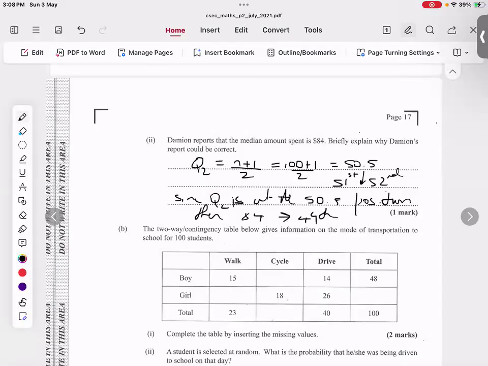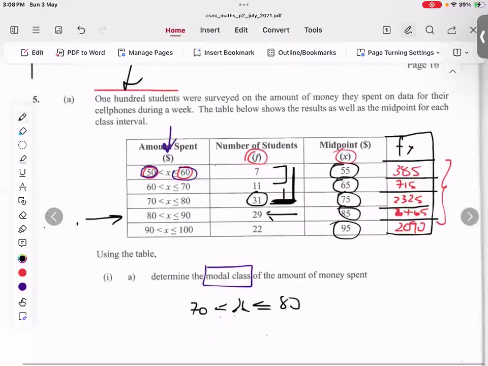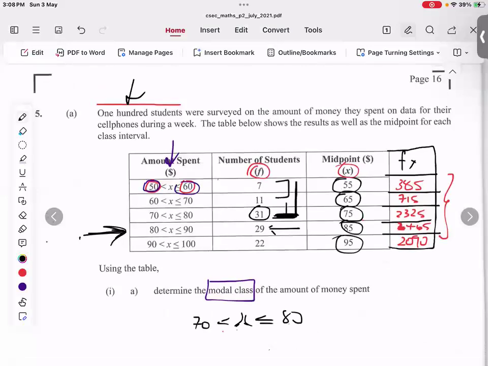You'd write something in such a way that shows the 50.5 number falls in this class. I'm not sure if you get what I'm trying to say. When we work out the median, we find it is at the 50.5 position. Our calculation then shows that the 50.5 position is located between 80 and 90, and 84 is between 80 and 90. Once your explanation makes sense, you'll get your mark.